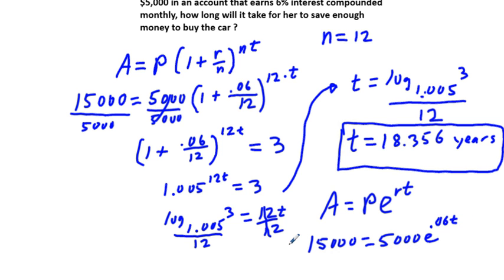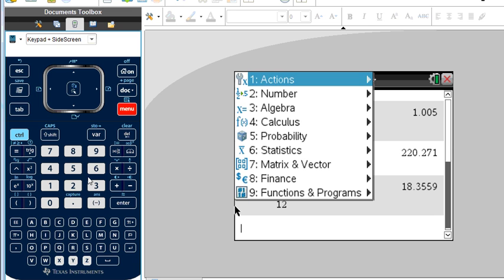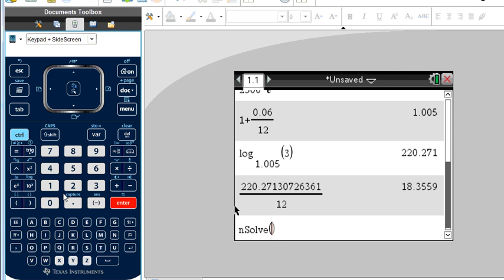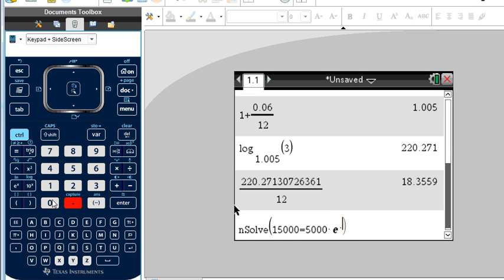So I'm just going to put this in the calculator using nSolve, and we go to menu 3, algebra, numerical solve, and the equation is 15,000 is equal to 5,000 times e to the power of 0.06 for 6% times, we'll say x, and we're going to go ahead and calculate what x is.